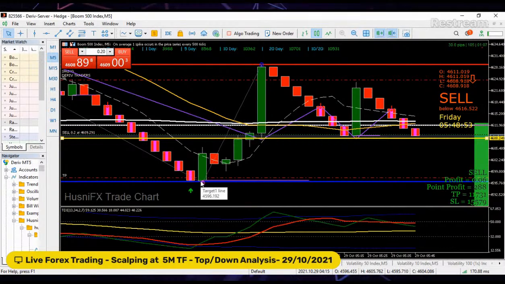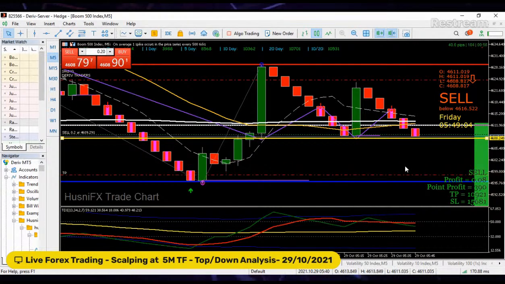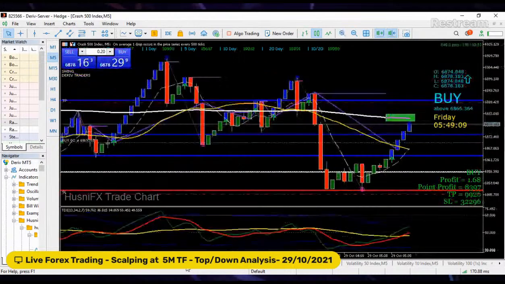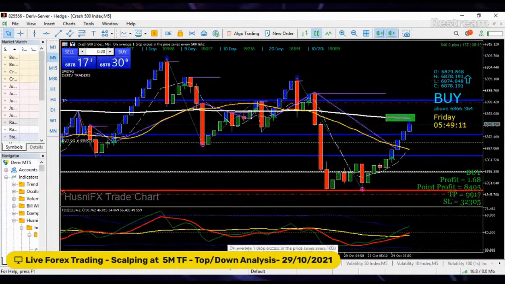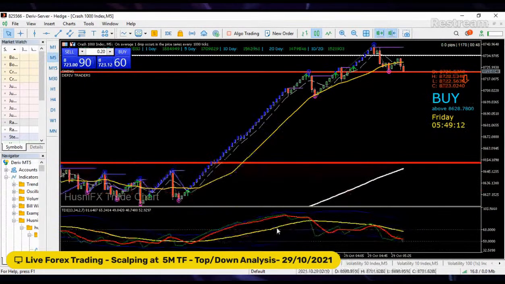You can see this is the lower low. So I have to place my TP above there, not below. Okay, so that is how you should scalp this market without scaring, or blowing your account.